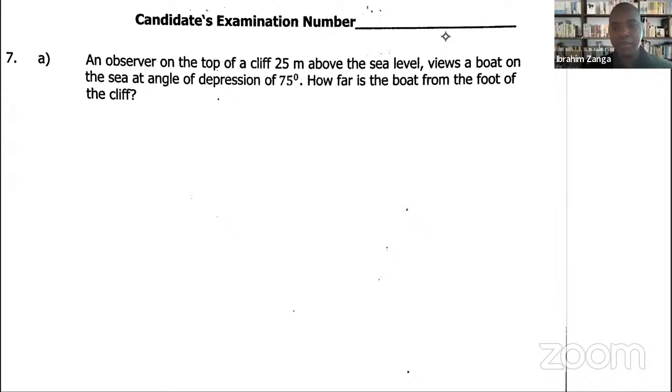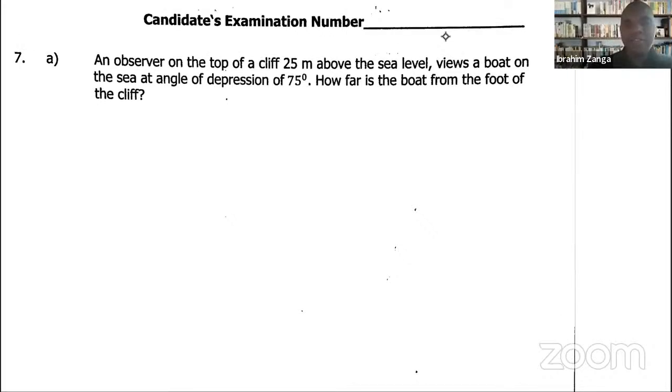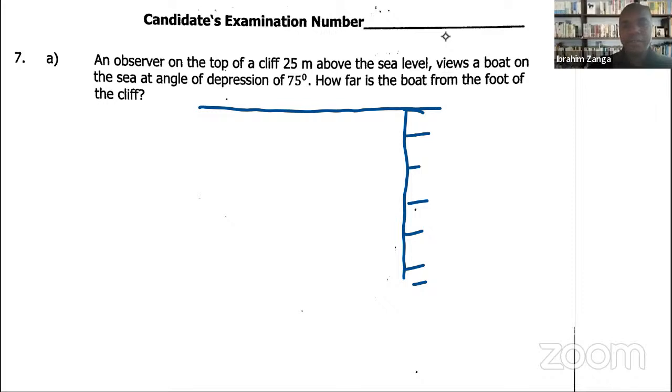How far is the boat from the foot of the cliff? So we have a cliff. We're going to draw a cliff, dear students. So this is our cliff, okay? And this is our view line.